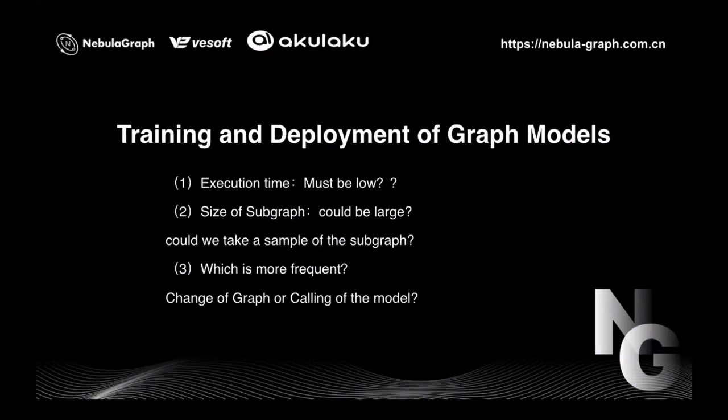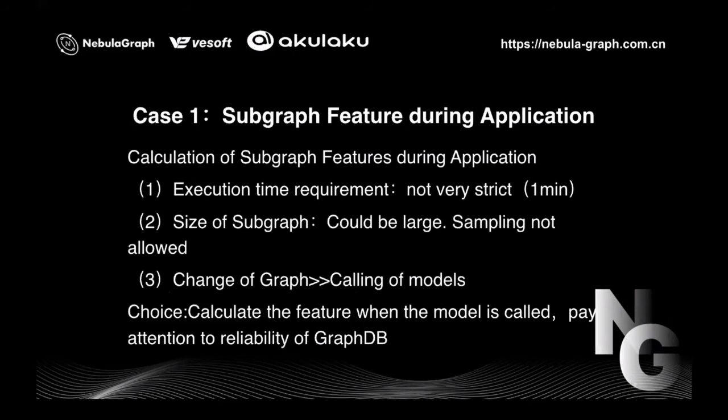The first example is subgraph extraction during application. By application, we mean that customers are coming to our company applying for a quota limit, which means applying for the amount of money they can borrow from our company. In this scenario, we need to calculate the subgraph features, and the execution time requirement is actually not very strict.